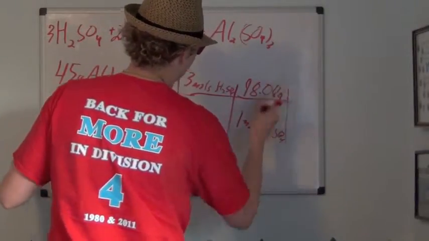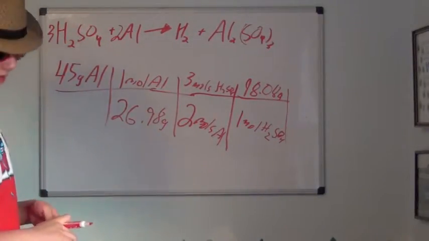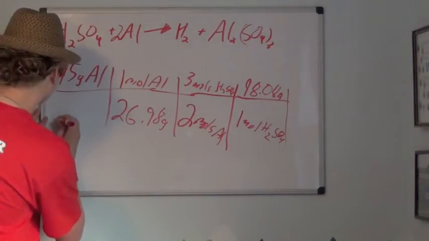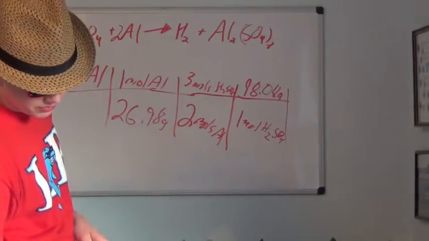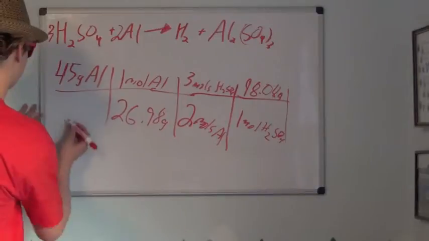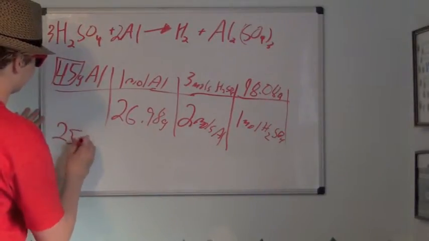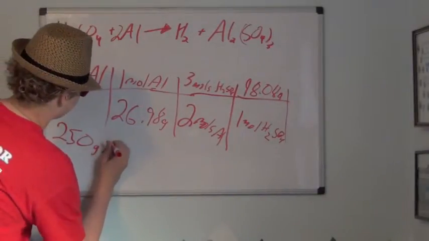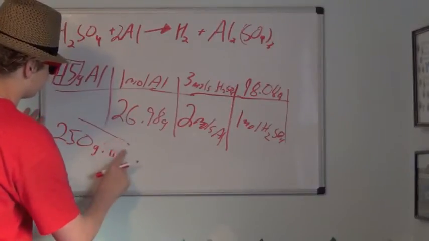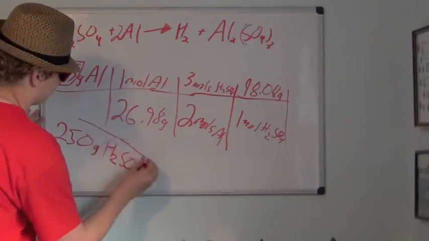Alright, now that we have that, just multiply, multiply, multiply, divide, divide, divide, and well, since we actually get 256-ish point something, but since the significant figures, we had 45, so we have to follow our sig figs and write our answer as 250 grams of H2SO4.